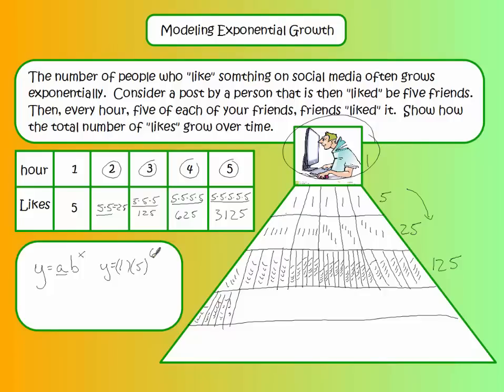And 5 to the 6th power is going to be this 3,125 times 5 again, which is going to be 15,625. And that's how many likes this thing would have after 6 hours. Remember, that was my input, my x, and its time, and this is my output, how many people actually like this thing.